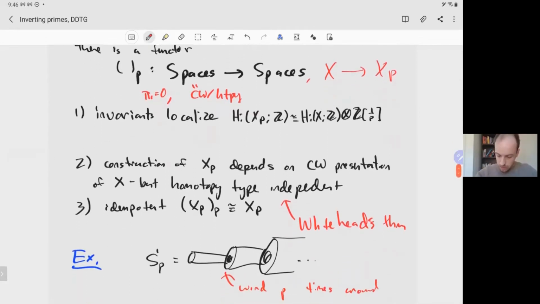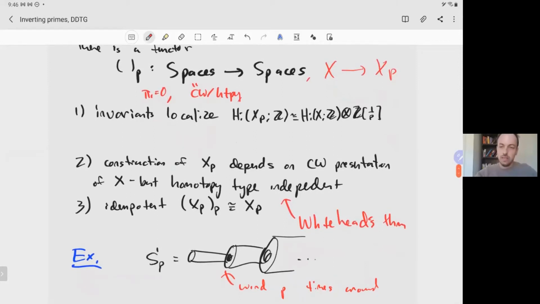And let me just give an example. The canonical example is this infinite mapping telescope. This is the P localization of a circle. You start with a circle, and then you take infinitely many copies of it, and you attach each one in the sequence to the next one by winding P times around.